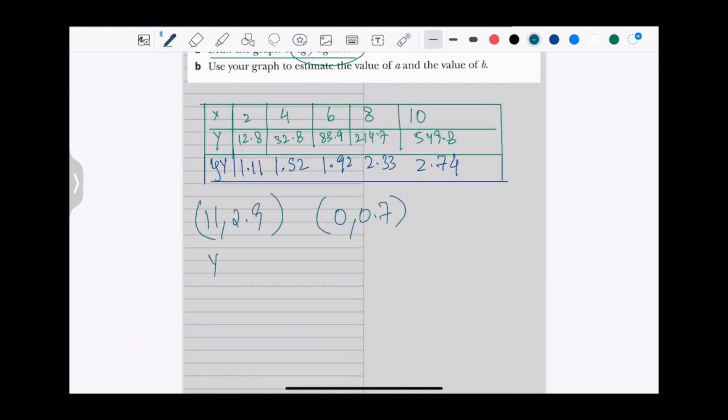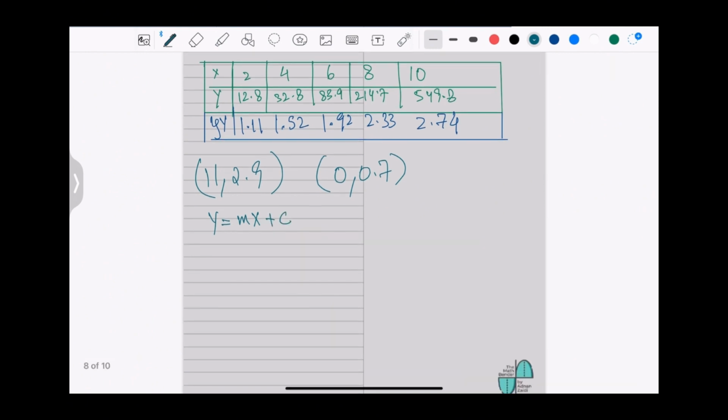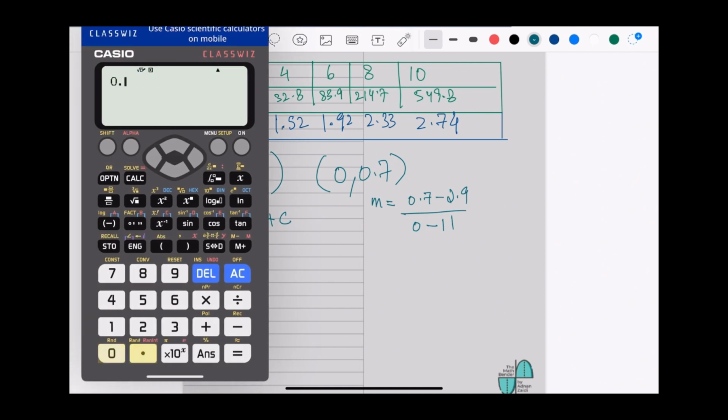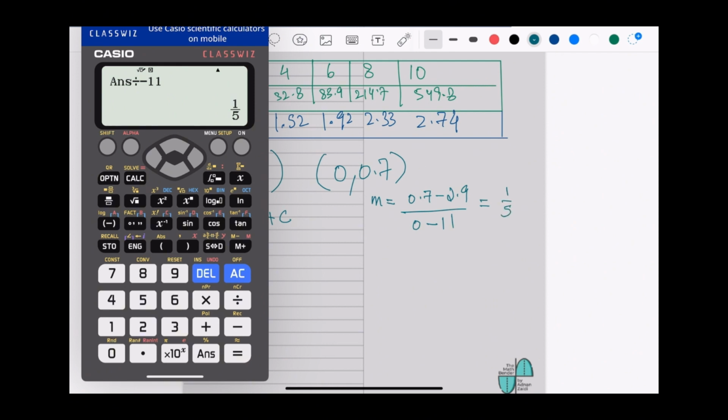So y equals mx plus c, and if you plug in these values, m is going to be 1 over 5 or 0.2.